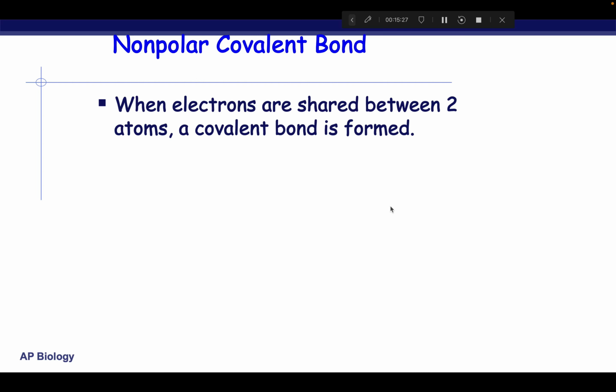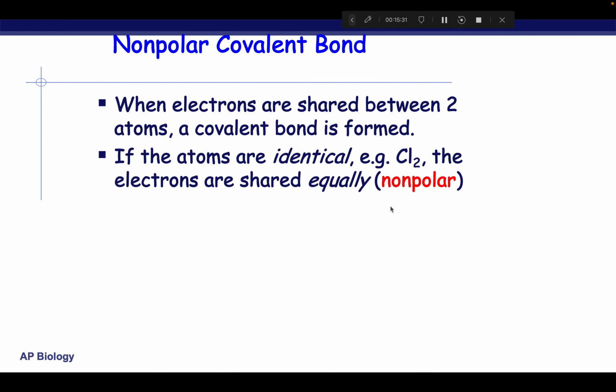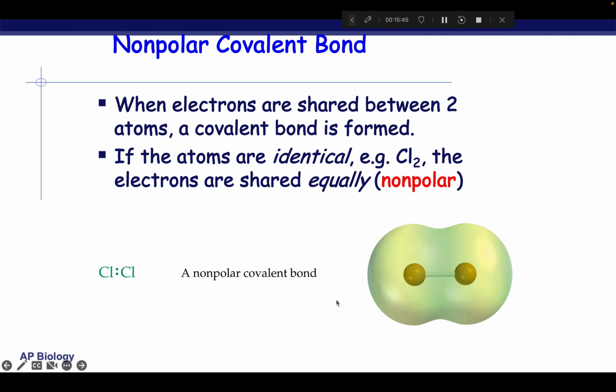So when electrons are shared between two atoms, a covalent bond is formed. We already talked about that. If the atoms are identical, like, for example, two chlorines sharing electrons, the electrons are shared equally, and we tend to call those substances nonpolar. So here's an example of chlorine.